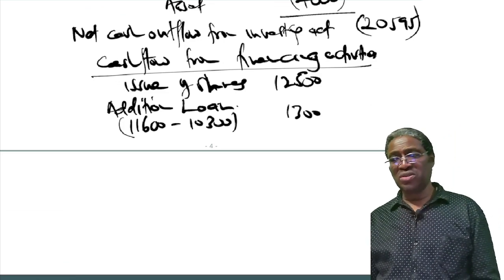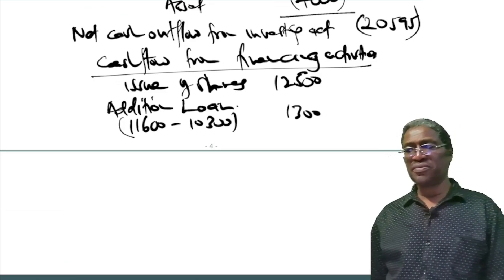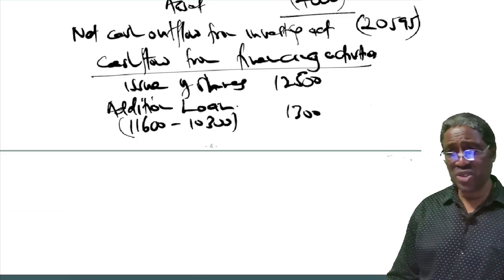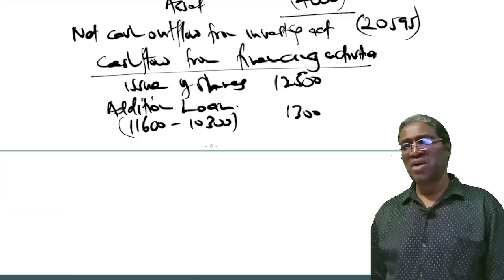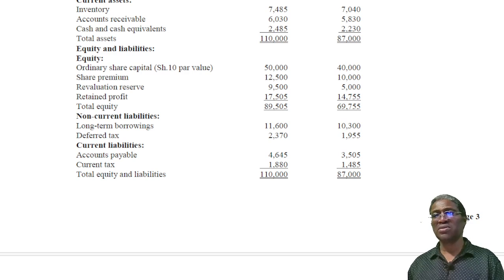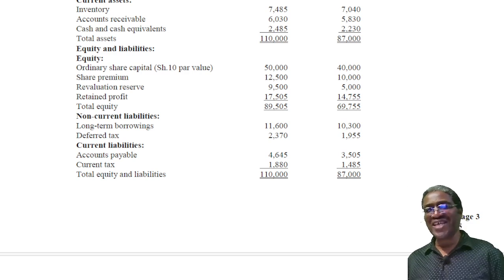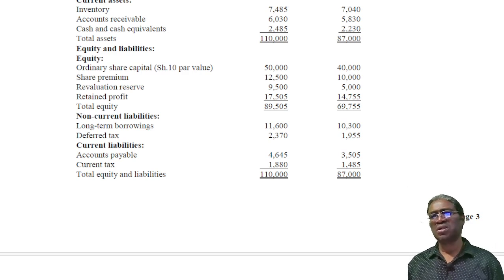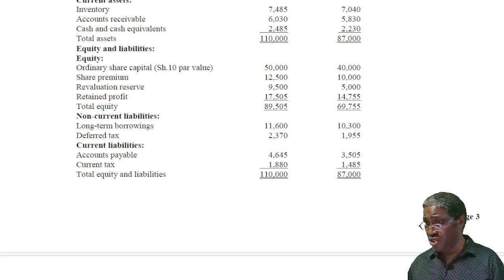From this question, let me explain something. If I look at the balance sheet, among the finances of the company, we only had share capital and long-term borrowings. We did not have things like debentures.